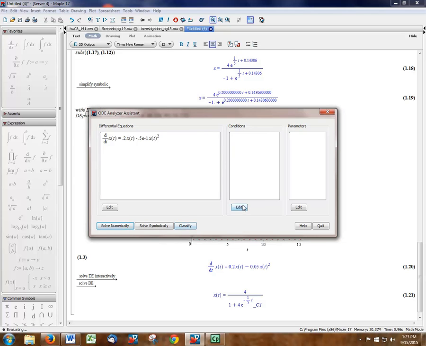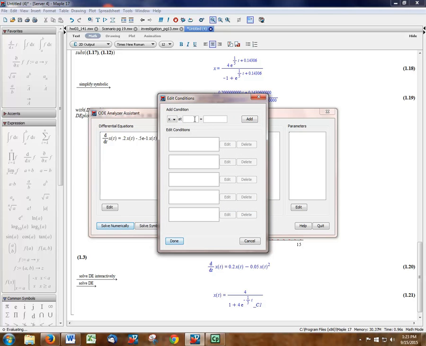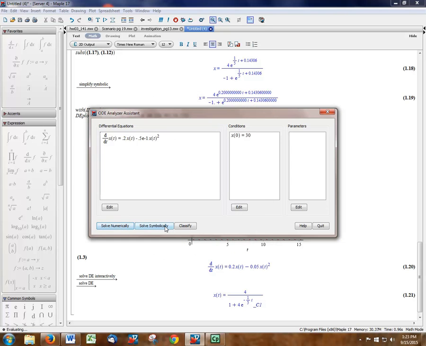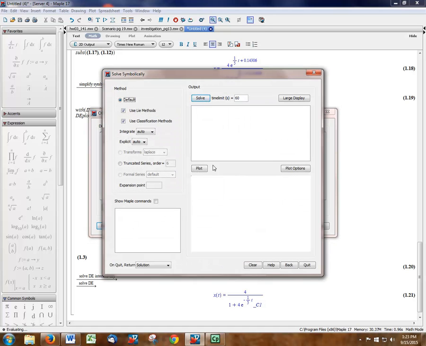Done. Oh, I didn't add it. X at t at 0 has to equal 30, and let's add that. Done. So we want to solve it symbolically, so I'm going to click on that, tell it to solve. There's our solution. Let's plot it.